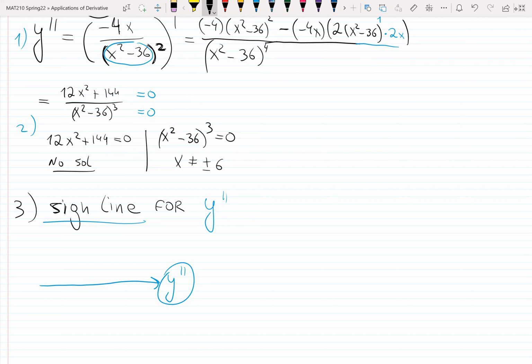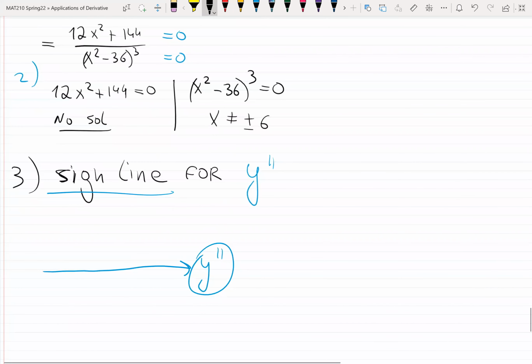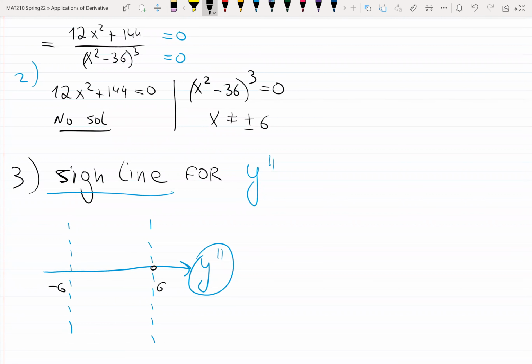That's the indicator of which derivative we will be plugging the test points into. Putting those annoying vertical asymptotes, minus 6 and 6. Again, I'm not going to give you asymptotes on the test. But now you can put your test points in the second derivative y prime prime.